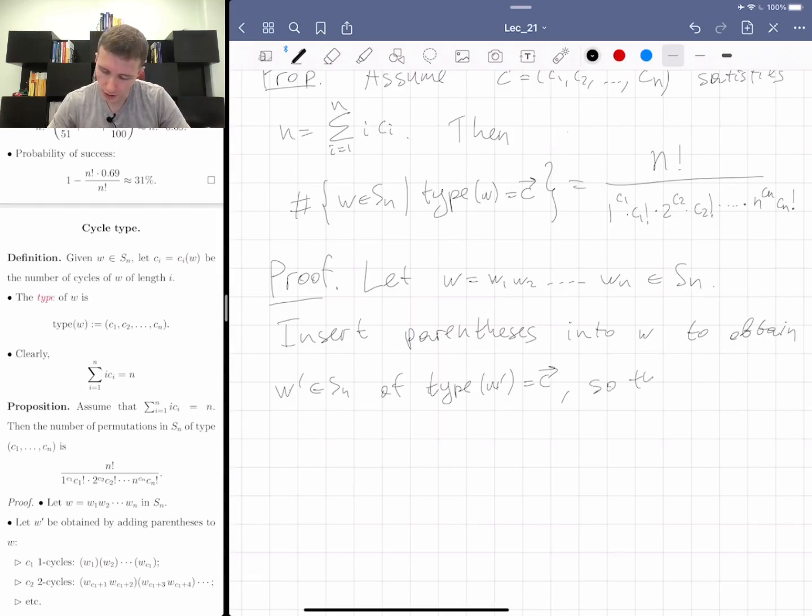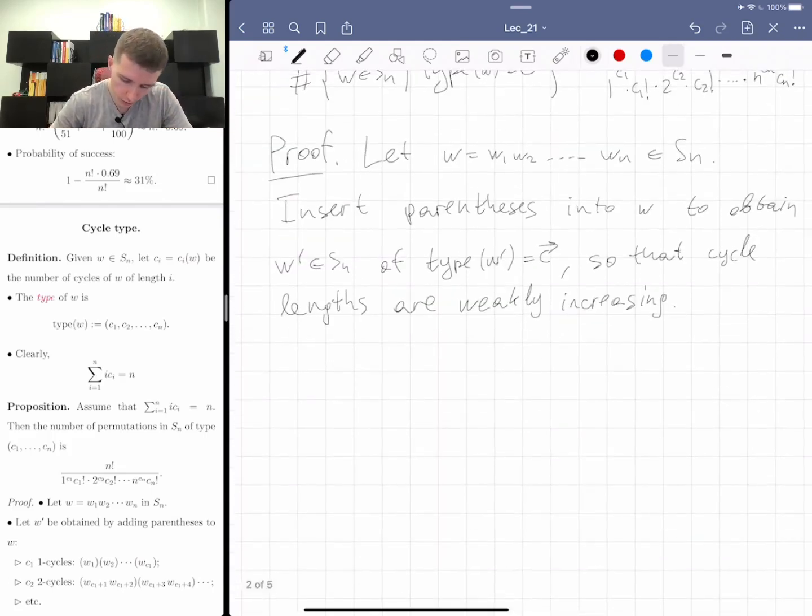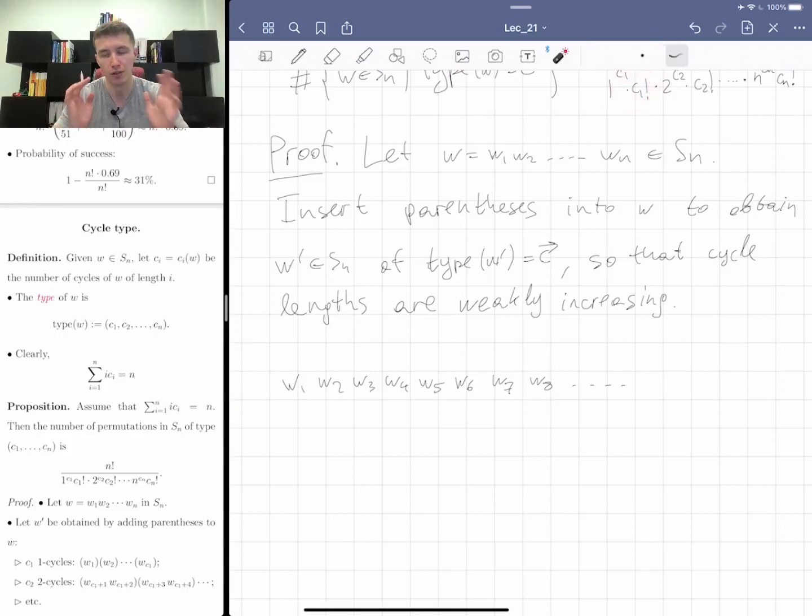so that the cycle lengths are weakly increasing. And that can be done in a unique way. Right, so you start with W1, W2, W3, W4, W5, W6, W7, W8, etc. And then there should be C1 cycles of length 1. So you start inserting parentheses, you make the first C1 entries to be just 1 cycles.